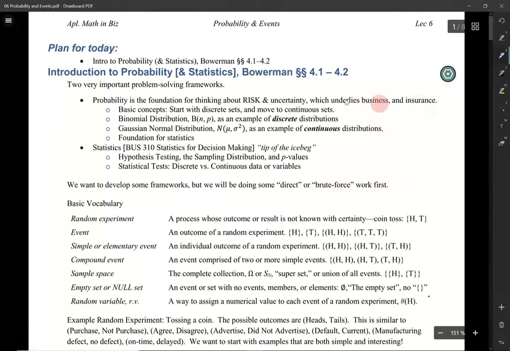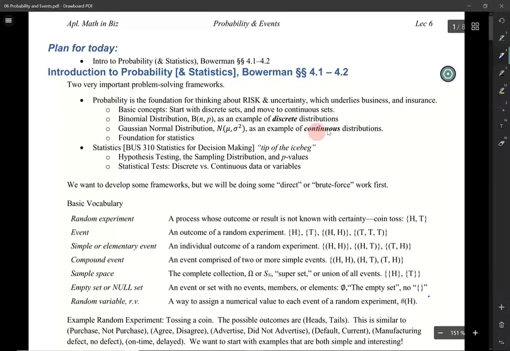Okay? So we'll start out with some basic concepts with discrete sets in the beginning, and then move later to continuous sets. It's similar, related, but a little bit different. Then maybe next week we'll think about distributions. What is a distribution? We'll look at the binomial distribution, which is just one of many discrete distributions. After that, we'll talk about what some people call the Gaussian distribution and some call the normal distribution, that famous bell-shaped curve, which is a classic example of probability distributions.